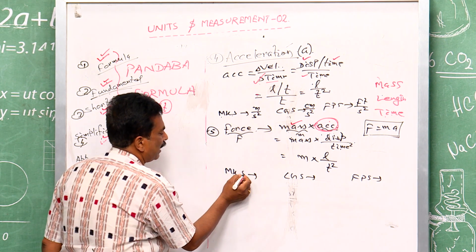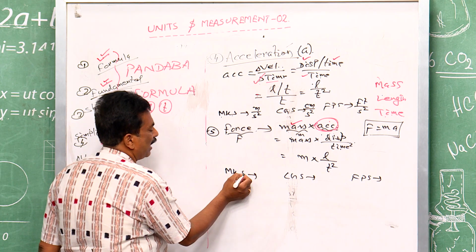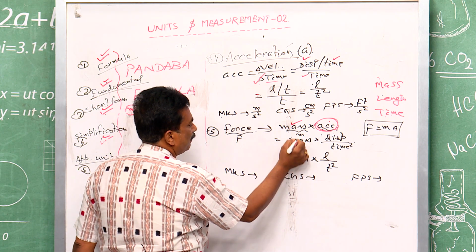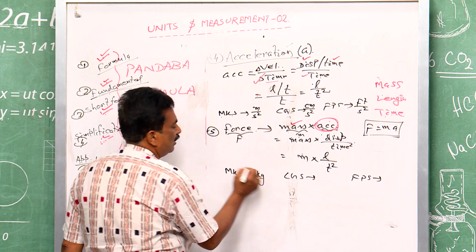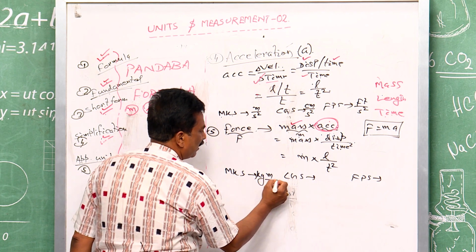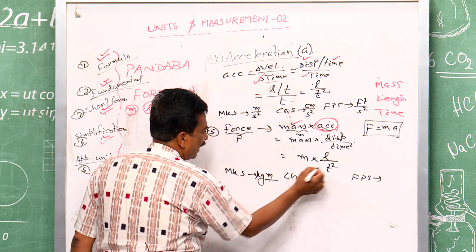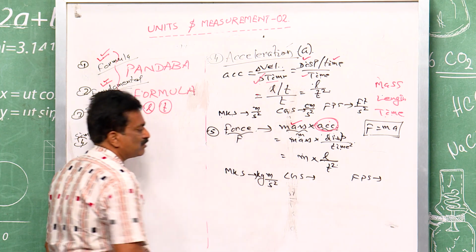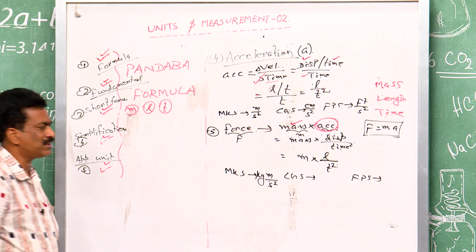In MKS, meter, kilogram, and second. Mass is kg, kilogram. Then L is meter. Then by, time square is second square. So kg meter by second square.